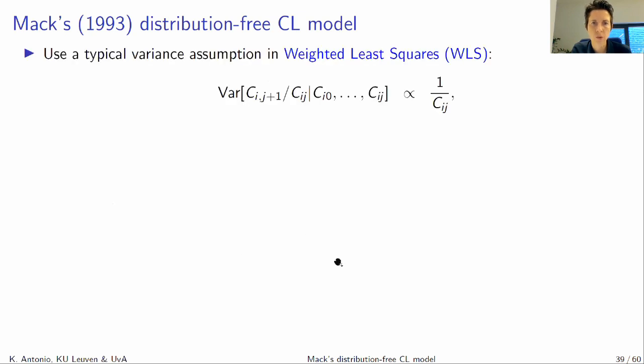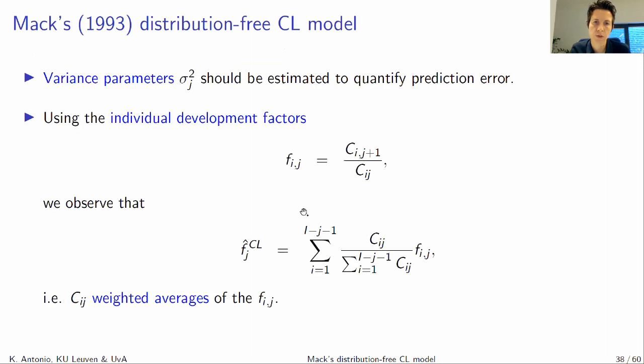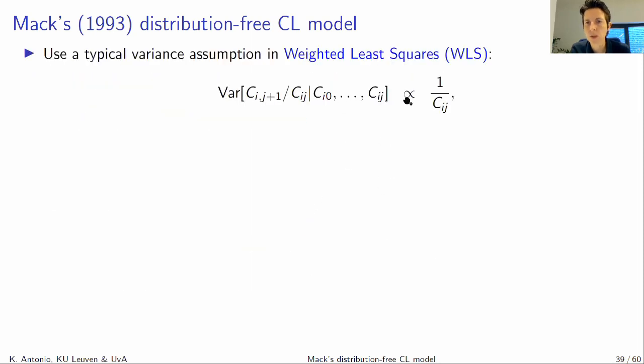So we're going to use this reasoning and translate it into our variance assumption, because we're thinking in a kind of weighted least squares, weighted average way. We're going to assume that the variance of these individual development factors is inversely proportional to the weight that we are using for this individual development factor.